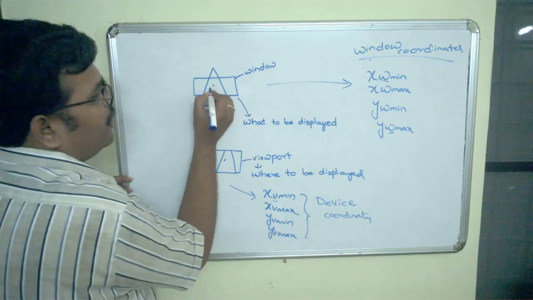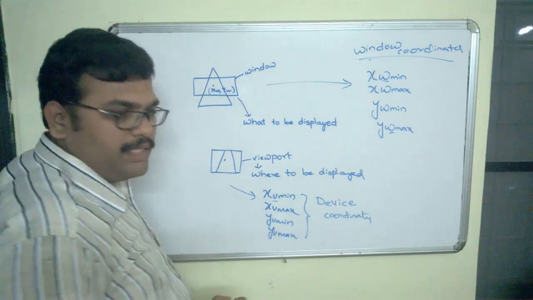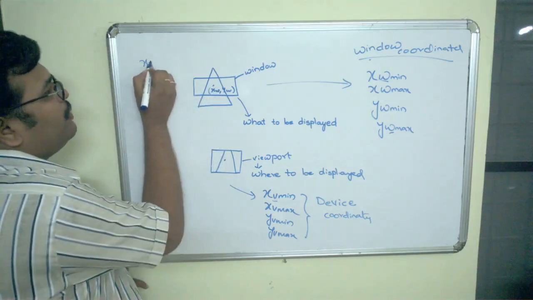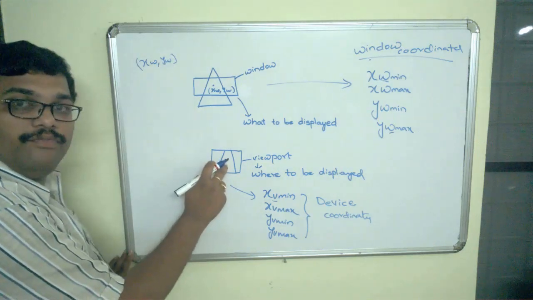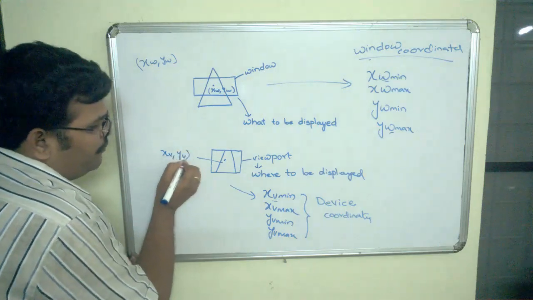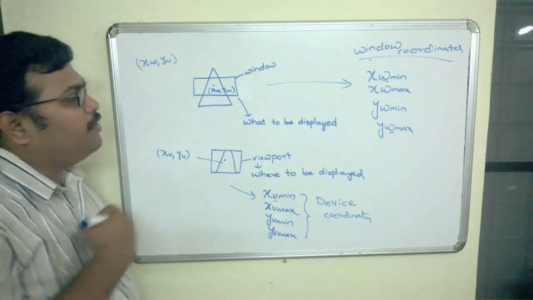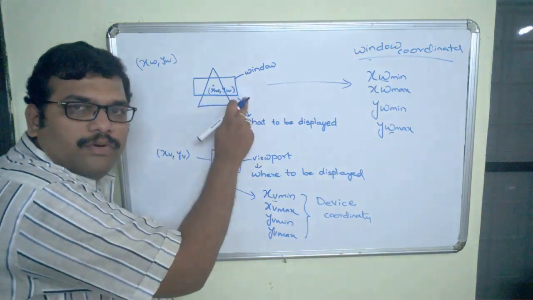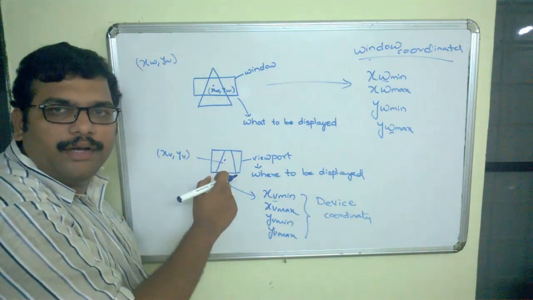So here we will have xw, yw, that is window coordinates, and for this particular window coordinate xw and yw, we need to find the corresponding viewport coordinates, that is xv comma yv. If we consider any point in the window xw yw, we need to find the corresponding viewport coordinate.